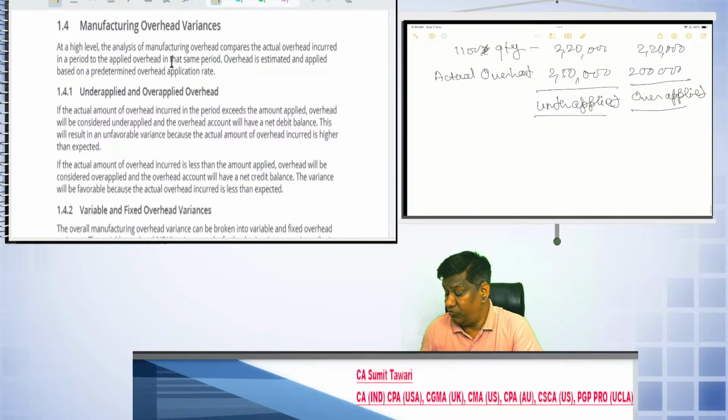Now, the remaining, like here the 30,000 under applied and this 20,000 over applied, is charged to PNL as a period cost.